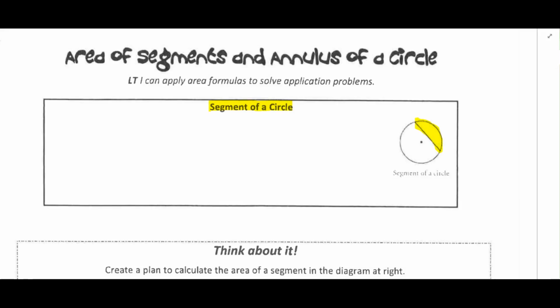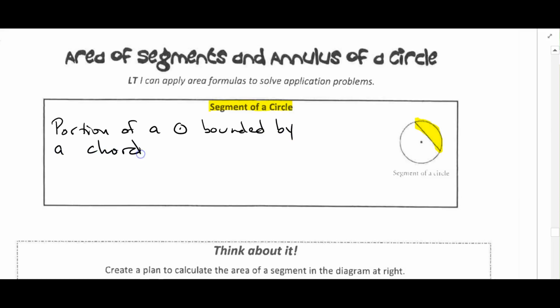So for a definition here, this is a portion of a circle bounded by a chord. So this segment here is a chord. Remember, it just connects any 2 points on the circle.